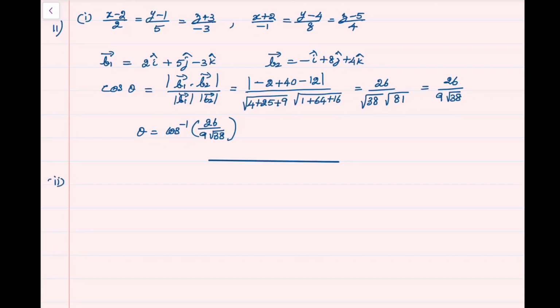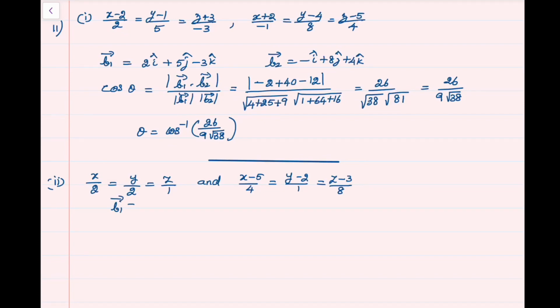The second subdivision, same type of question. The equations are x divided by 2 is equal to y divided by 2 is equal to z divided by 1, and the second equation is (x minus 5) divided by 4 equal to (y minus 2) divided by 1 is equal to (z minus 3) divided by 8.